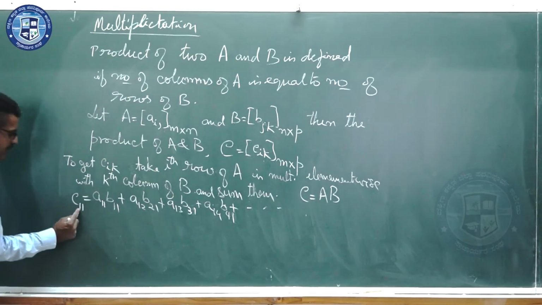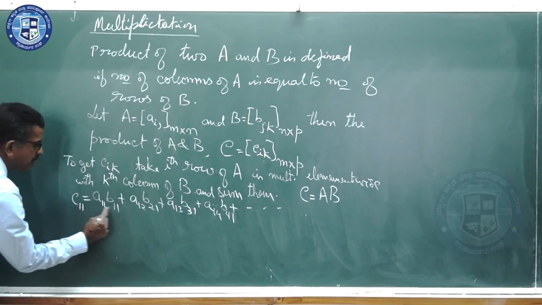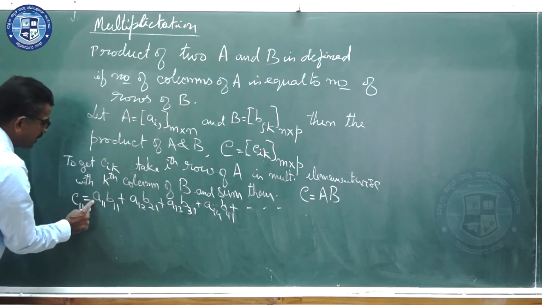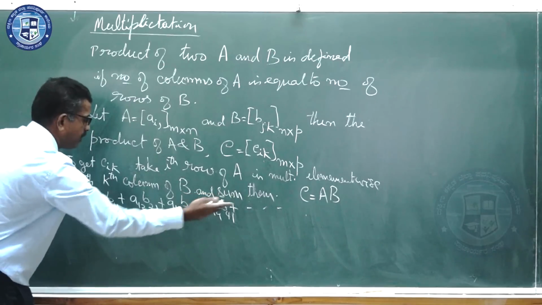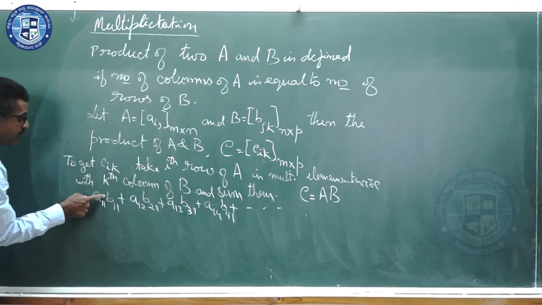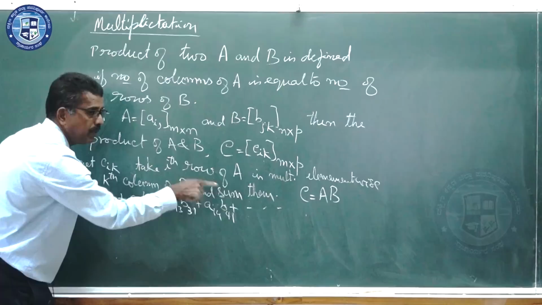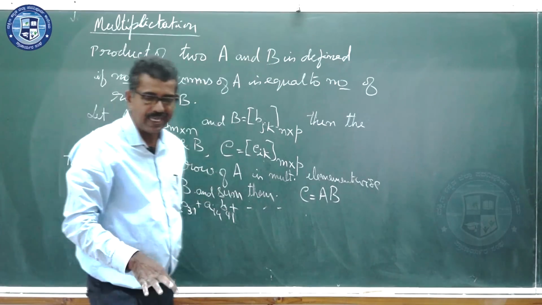What do you observe here? First and last should remain the same, 1 1. So the first row of the given matrix is A11, A12, A13, A14, etc. and the first column of the second matrix will be B11, B21, B31, B41, like that. So I think it's very clear.